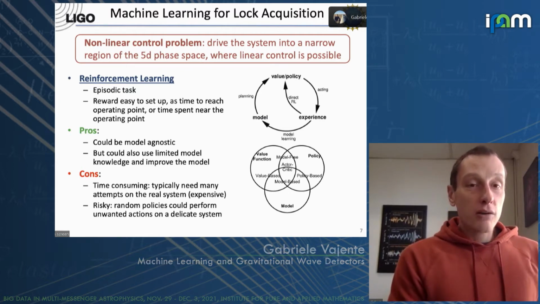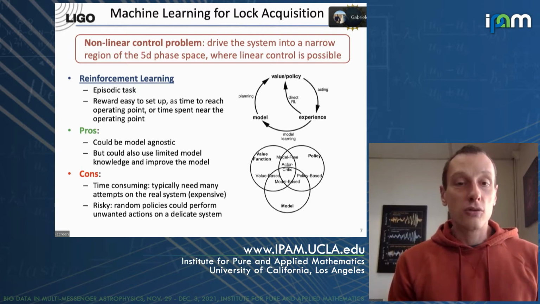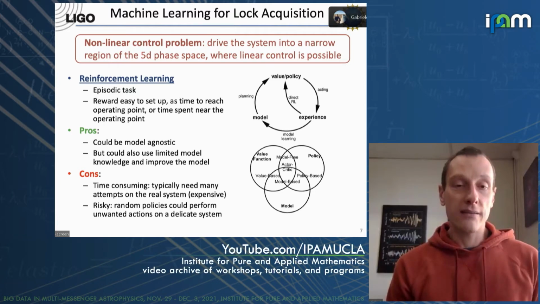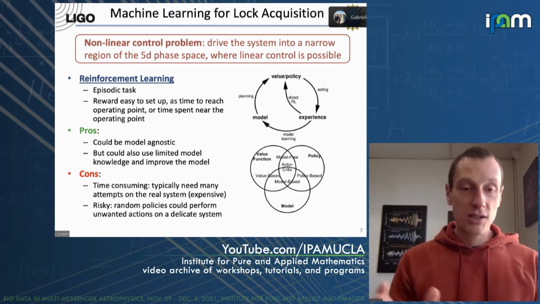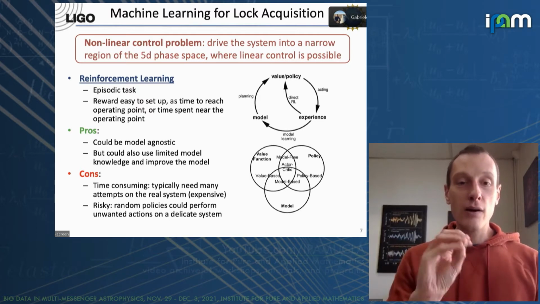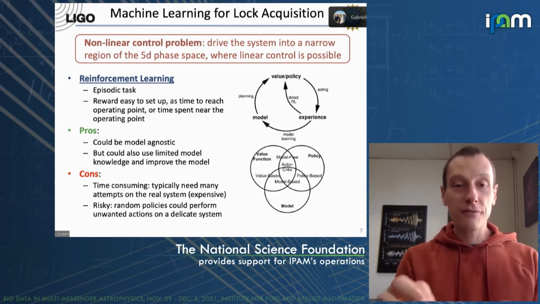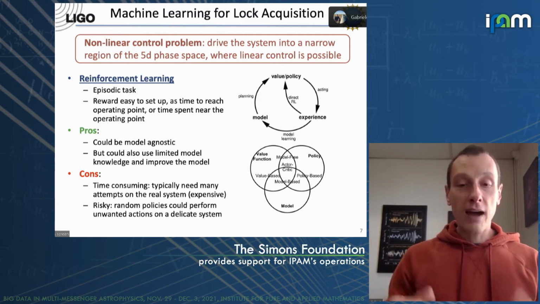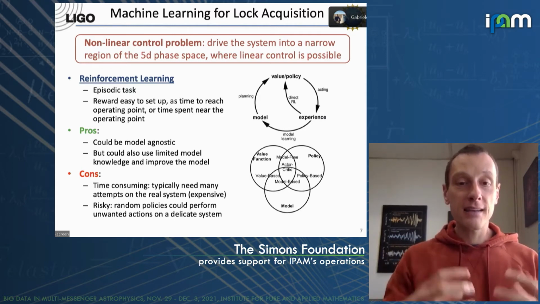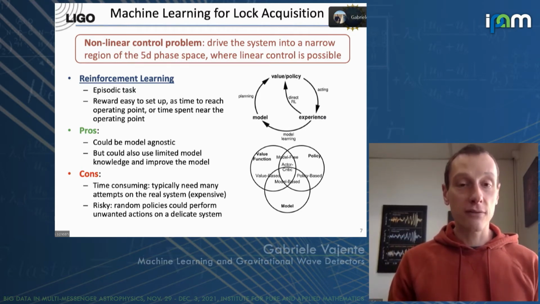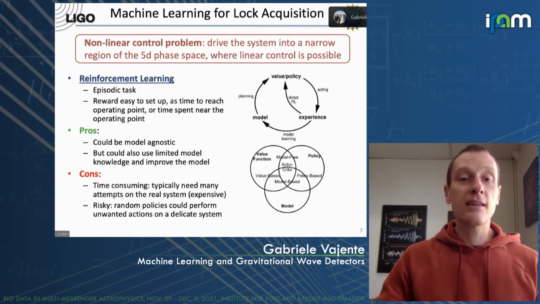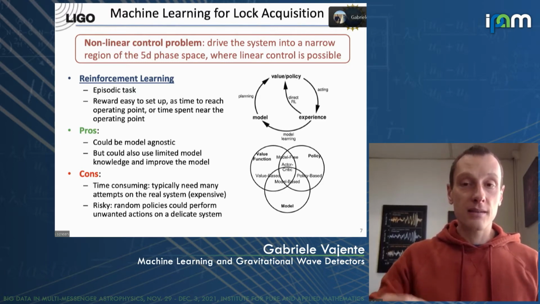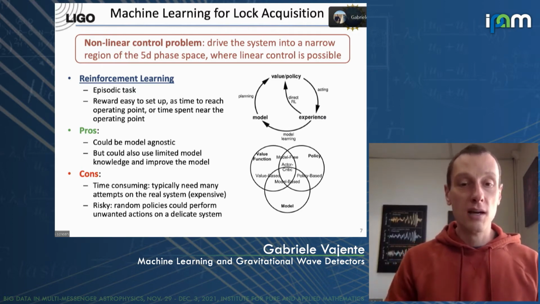Well, the typical approach in machine learning for controlling systems is reinforcement learning. The idea of reinforcement learning, for those of you that are not really familiar with it, is that you have some sort of machine learning agent which directly goes and pokes your physical system, trying different kinds of policies of how to actuate on your system, trying to build up a planning strategy based on the signals it can read out of the system, and building a policy that gives you some sort of rules to act on the system to try to maximize some sort of reward.